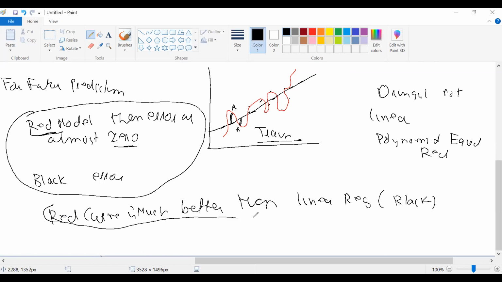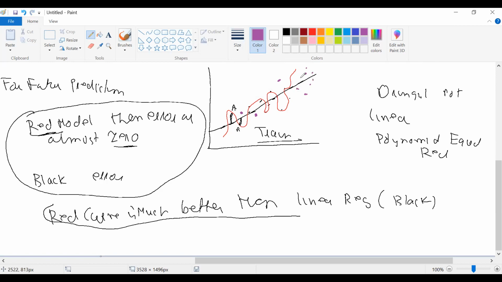Now, if it is mimicking the data, and suppose you are using this red line for your prediction, and later on some new point comes, when you have deployed this model, which is something like this. Do you notice for this point, the black line will still give good result, but the red line will give the result which are very far away from your actual point. ठीक है, सपोज करो एक न्यू पॉइंट यहाँ पे आ जाता है और यहाँ पे आ जाता है और यहाँ पे आ जाता है, कहीं पे भी आता है.